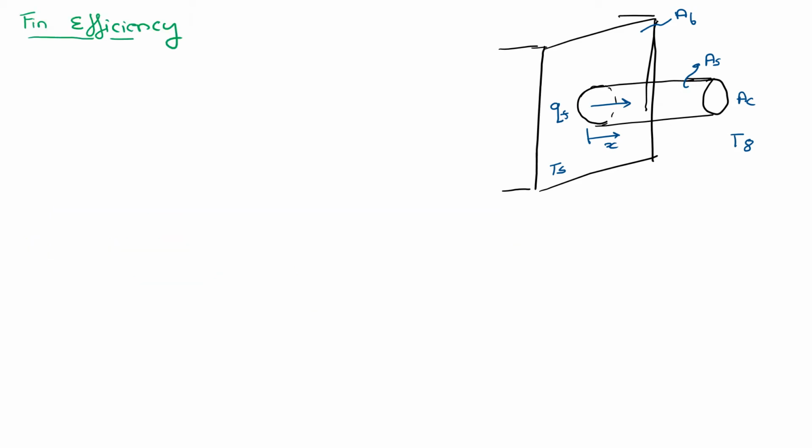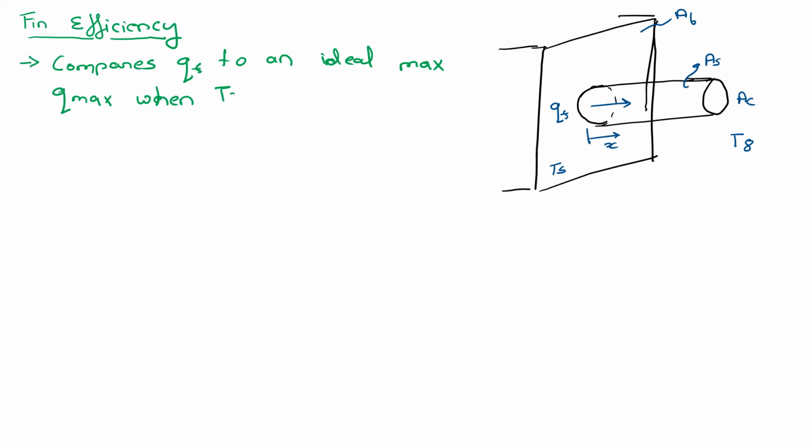But there's another parameter which is different from fin performance, and it's the fin efficiency. Now, what is fin efficiency? It compares the fin rate to an ideal max Q heat transfer rate. Let's say it's Q max when your T(x) is equal to your surface or the base temperature, Tb.